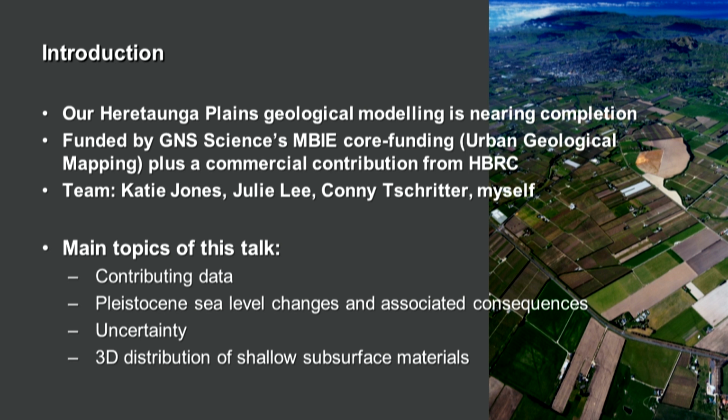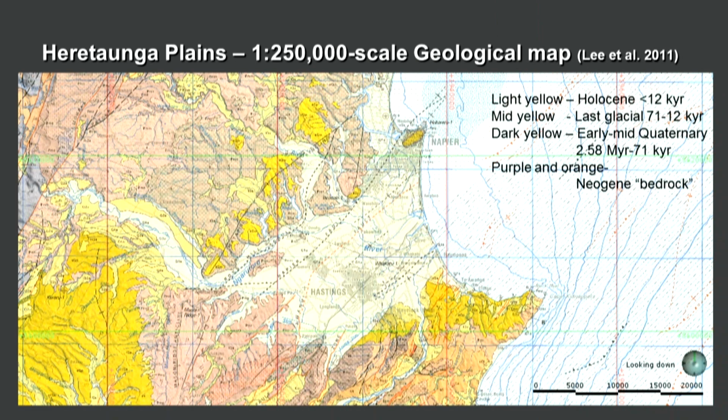So next, please. So this is a geological map, and the light yellow in the geological map is the part we're interested in. The dark yellows are older gravels, and they lie somewhere underneath the light yellow materials.